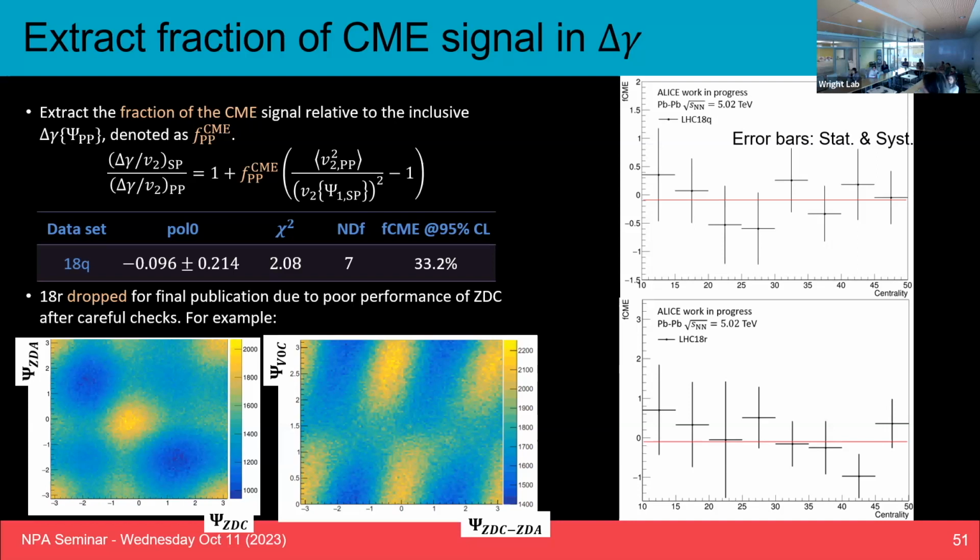Also if you combine the A and C side and compare with your participant plane reconstructed with V0, you also don't get a very clean 45-degree line. And this looks much better in 18Q. Even combining this result with it doesn't really make the final conclusion different. So it was decided to drop it.